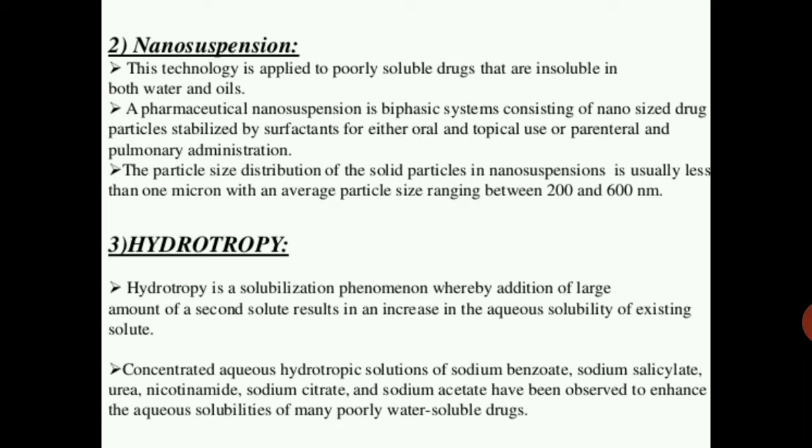The particle size distribution of the solid particles in nanosuspension is usually less than 1 micron, with an average particle size ranging between 200 and 600 nanometers. So this is the particle size reduction process.